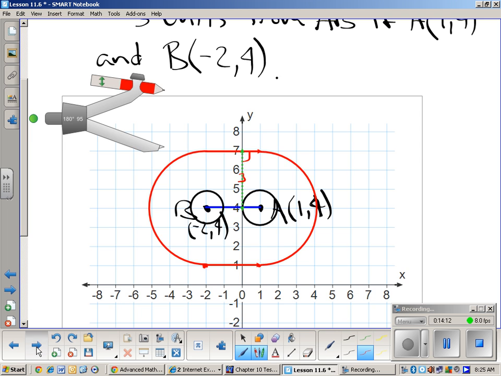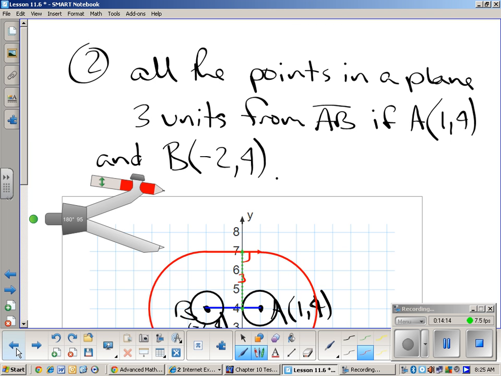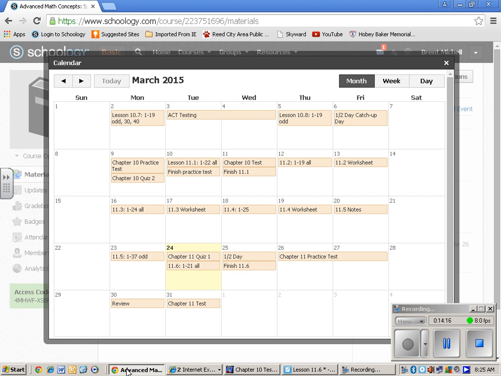I believe that's it for notes today. Your assignment today and tomorrow is 1 through 21 all. And get finished up on everything else. Now you see we have 3 days of review planned.